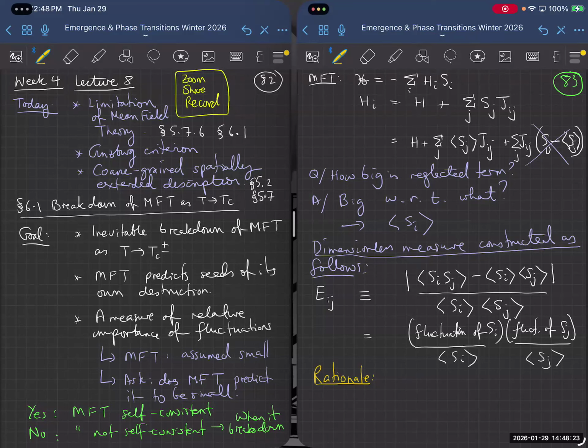The thing that is hard in statistical mechanics is the term s_i s_j in the Hamiltonian. That term is the term that gives you the interactions. And what we did when we wrote down mean field theory is we wrote that as s_i times the average of s_j. That is roughly what we did in mean field theory.